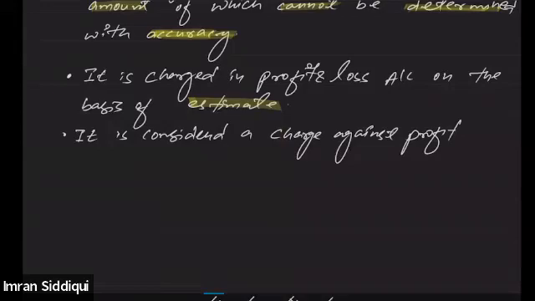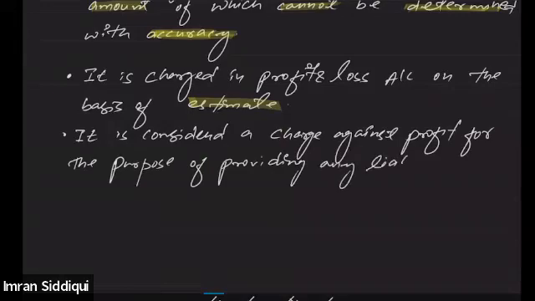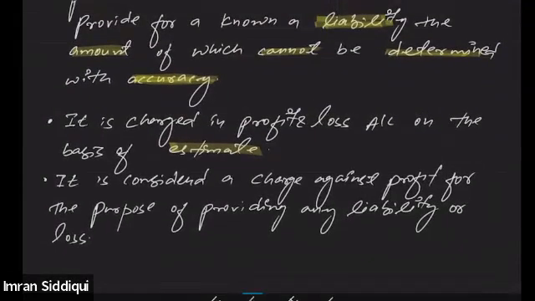So yeah, it is considered a charge against profit. Why? Because it is recorded in the profit and loss account for the purpose of providing for any liability, you can say, or any kind of loss. All right. So this is how we can define the provision, charge against profit.